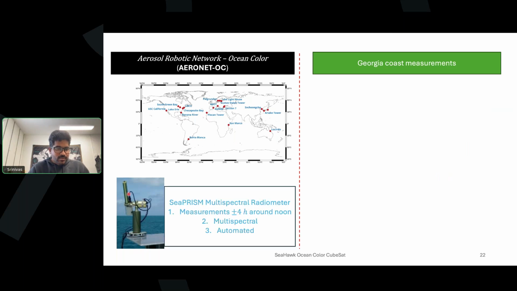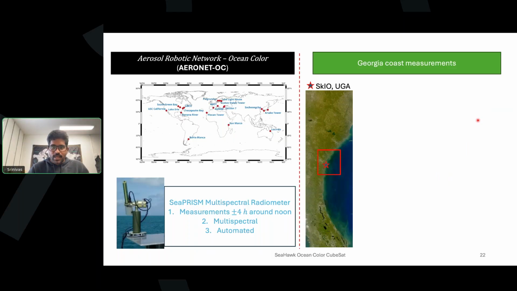This is a multispectral radiometer which collects data continuously and it is automated. The data from all these sensors go to one single place and get processed. This is a network that is widely used to evaluate level 2 reflectance products, not only from Seahawk but from other ocean color sensors as well.